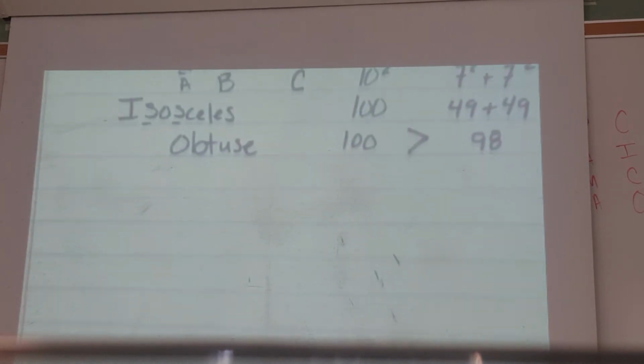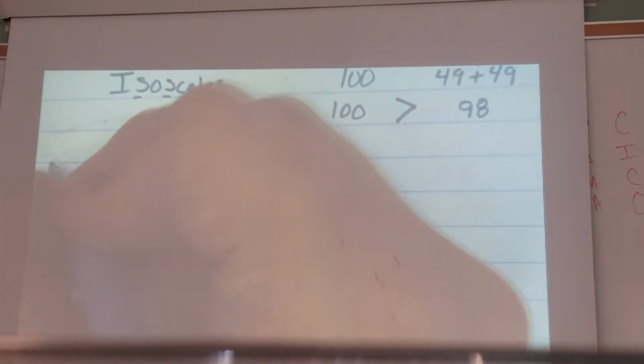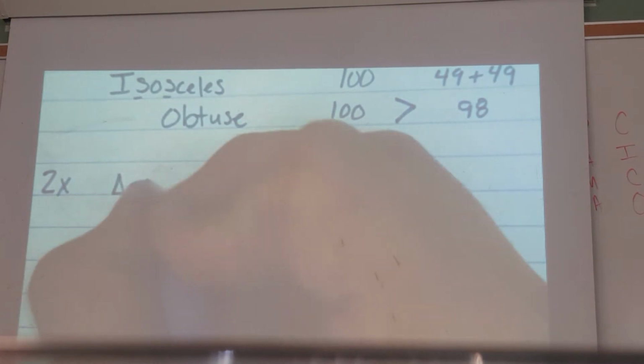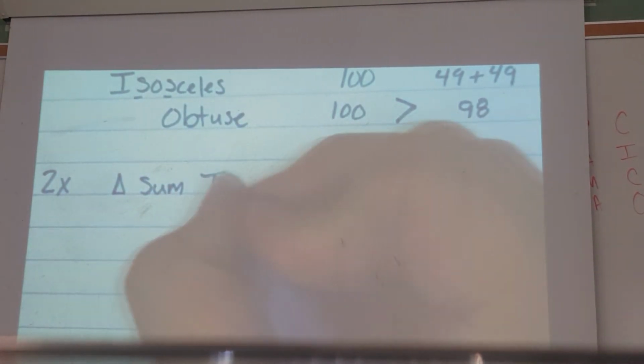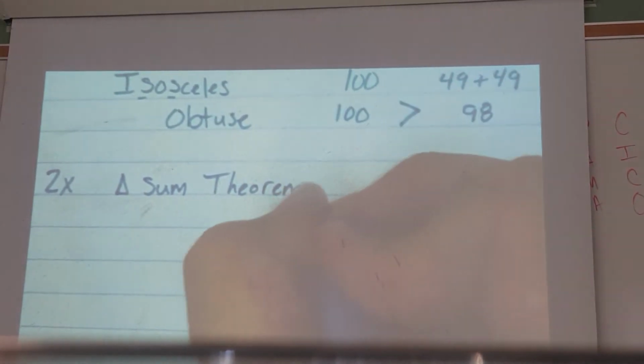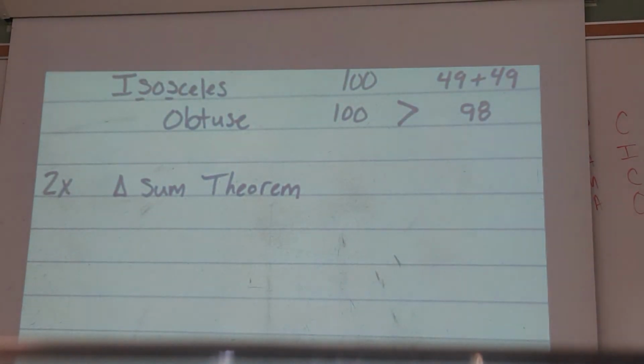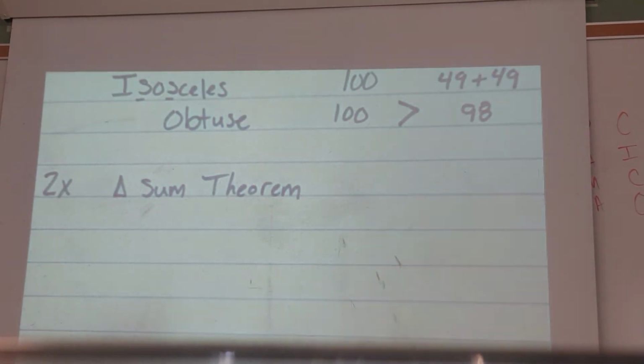Your next question will be about the triangle sum theorem, and there'll be two questions based on it. The triangle sum theorem just says the three angles of a triangle always add up to 180 degrees.